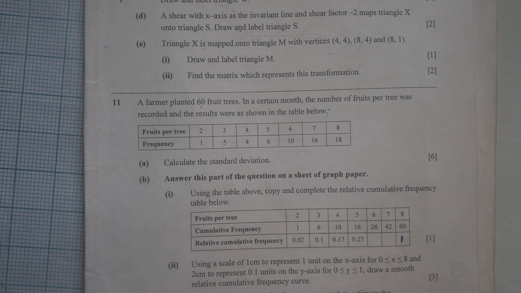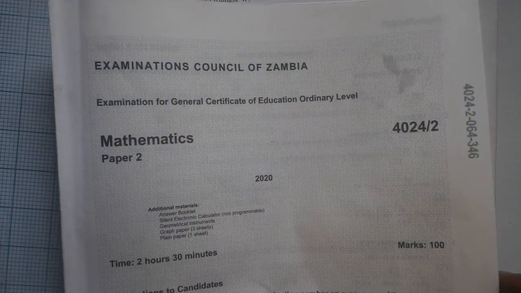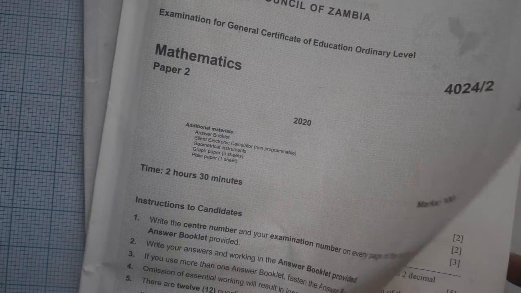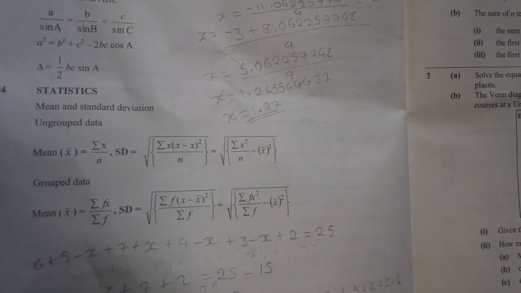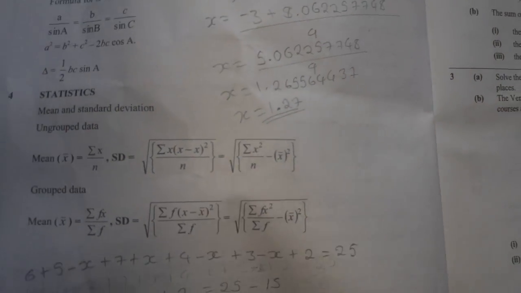So let's see what we are supposed to do. And I must also mention that these are past exam papers where these questions are coming from. Now, you're going to see that right on the cover here, the formulas are given. Now, I'll take you direct to formulas that concern statistics.